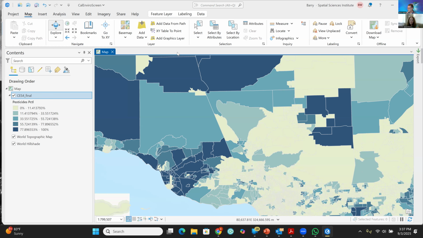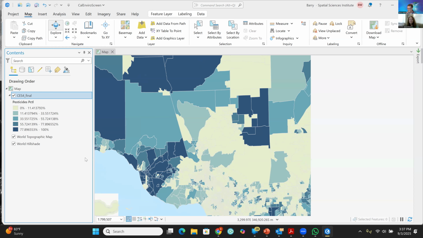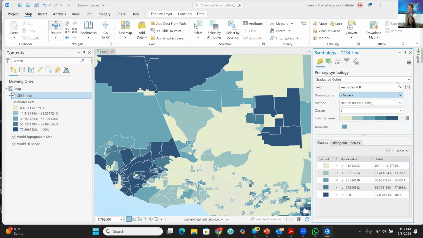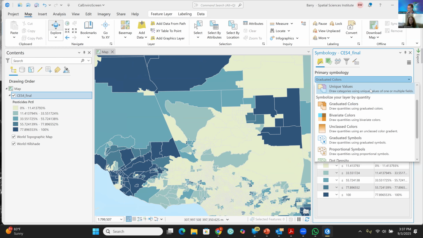Okay, so let's take a look at how this is shown. We will look at the symbology. Here is where we determine what sort of map we're doing. Unique values would be appropriate for categorical maps. So it might be junior high schools, intermediate schools, middle schools, all the different categories.